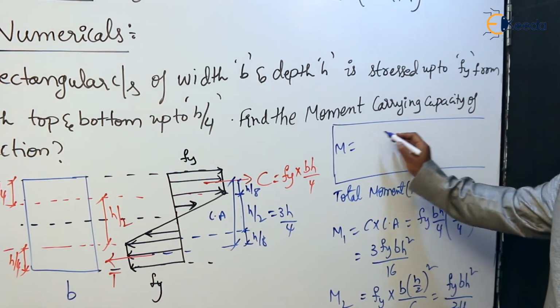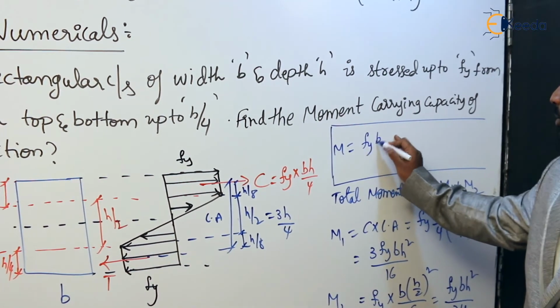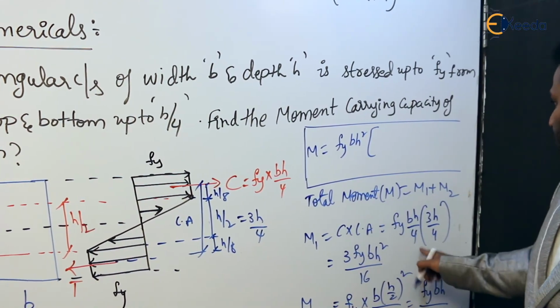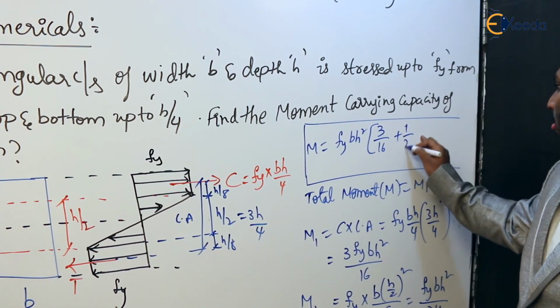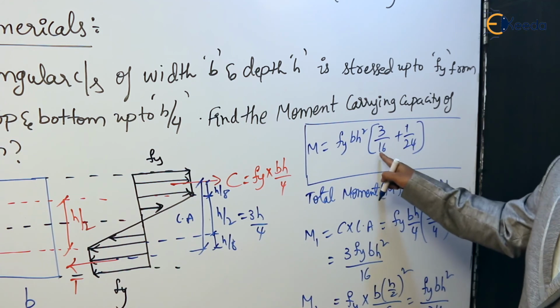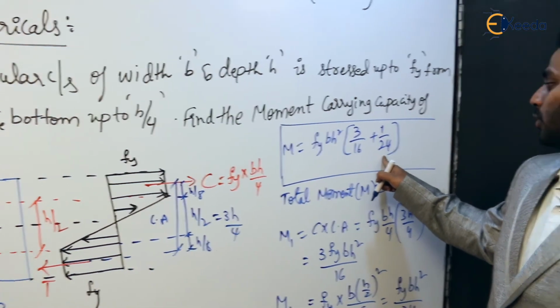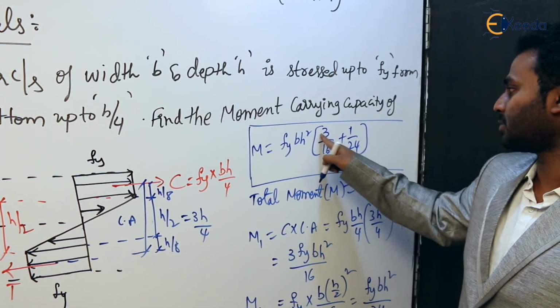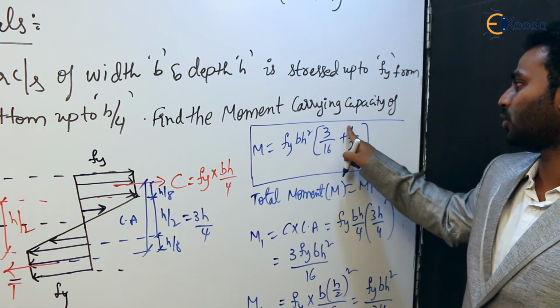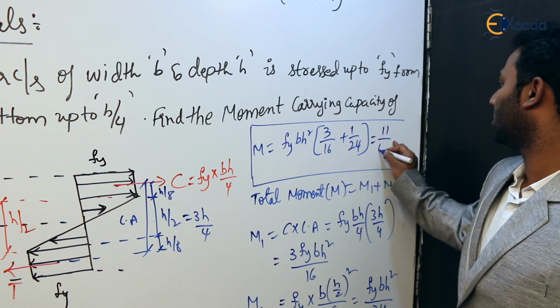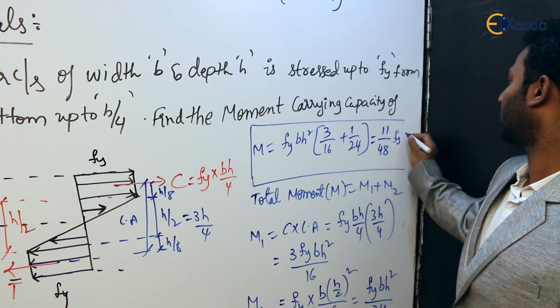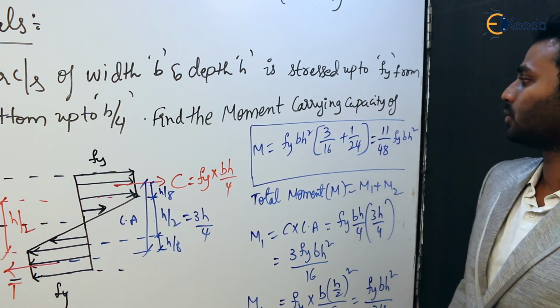Yes. Then here it is 3 by 16 and here it is 1 by 24. Taking the LCM of 16 and 24, it is 48. So here 3 times, here 2 times: 3 into 3 is 9, plus 2, that is 11. So 11 by 48. Finally we get M equal to 11 by 48 Fy BH square. That is the total.